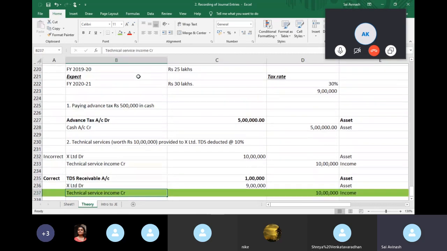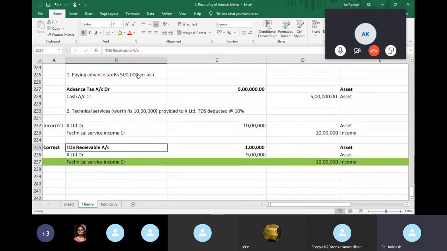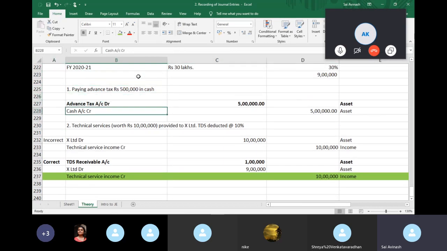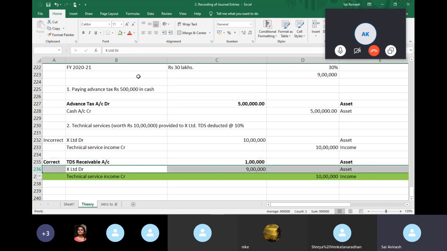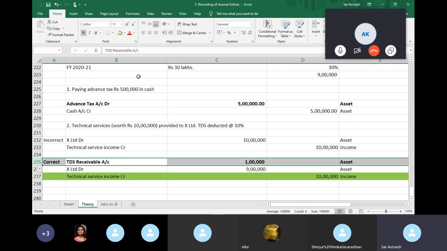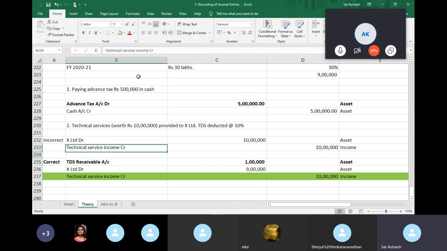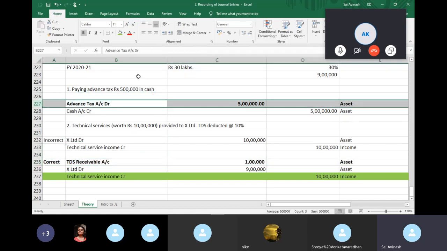So what I'm trying to say is, if you're paying tax, and if the question mentions advanced tax or TDS, know that because you're receiving lesser money from the customer himself, you have to receive this money back from the government, right? Because both of these are guesswork. You're not paying tax for the exact money that you have earned here. This is all just guesswork.